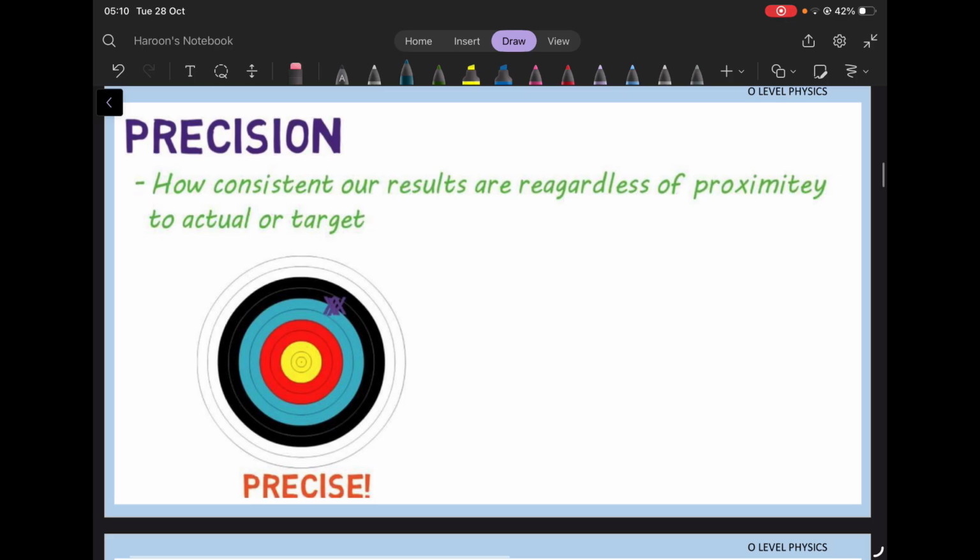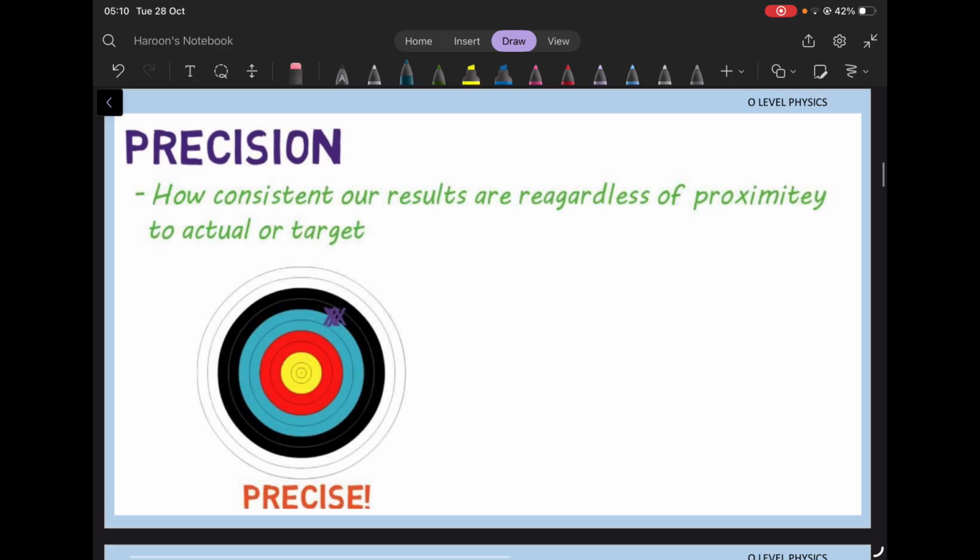Precision is different. Precision means how close or how consistent your reading is. So how close your throws in this case are to each other. So for example, we can have a batsman in cricket who is very precise, very consistent, but they can be consistently bad. So nowadays, Babar Azam isn't doing well. Currently, over the last 1 year or so, or 2 years, he has been performing consistently bad.